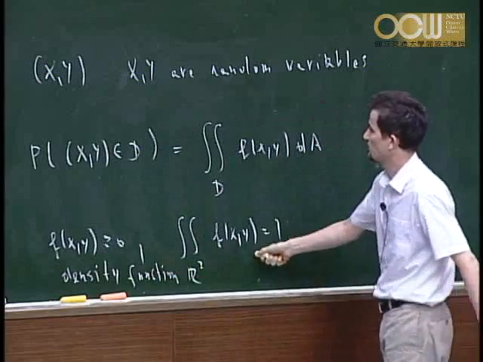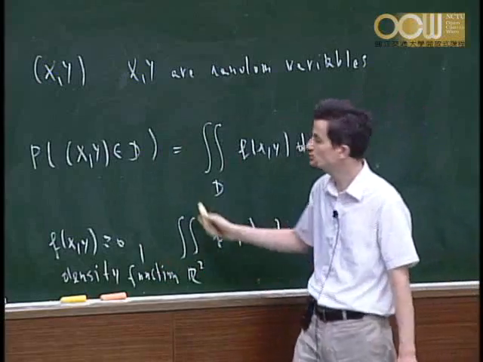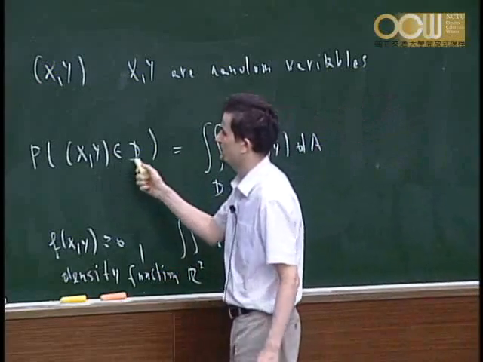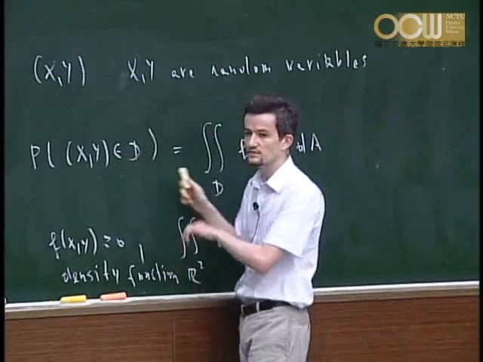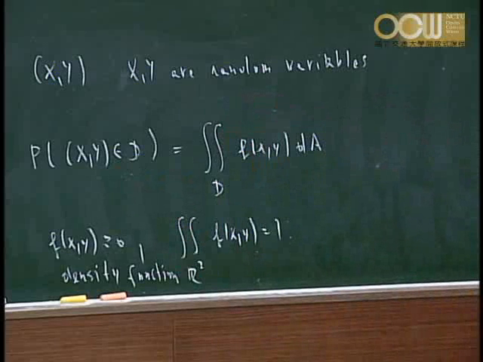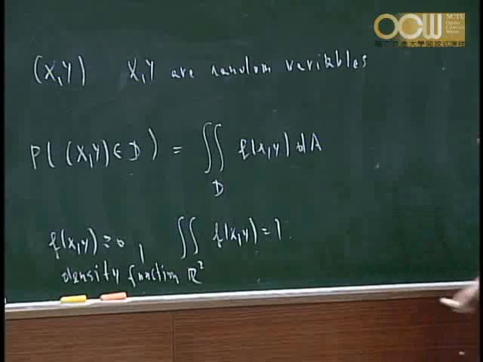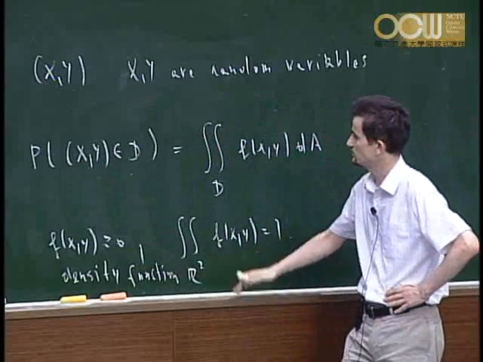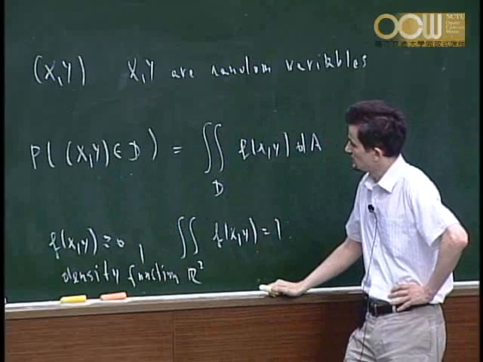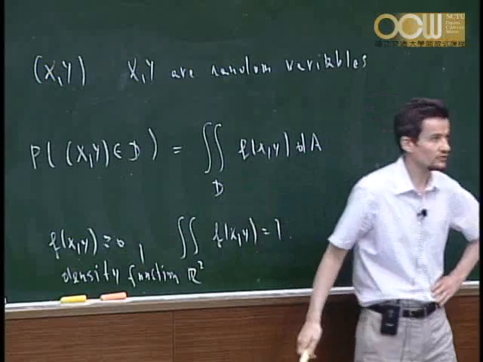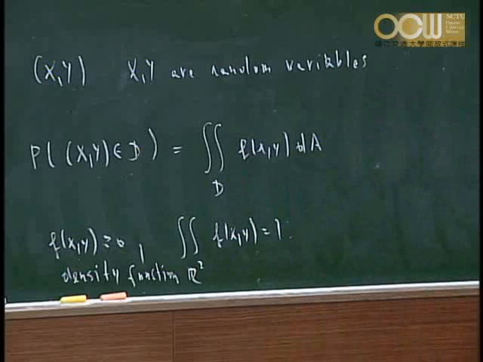We use this function to compute the probability that the random vector described by it is in some region D. Computing such probabilistic questions leads to solving double integrals.